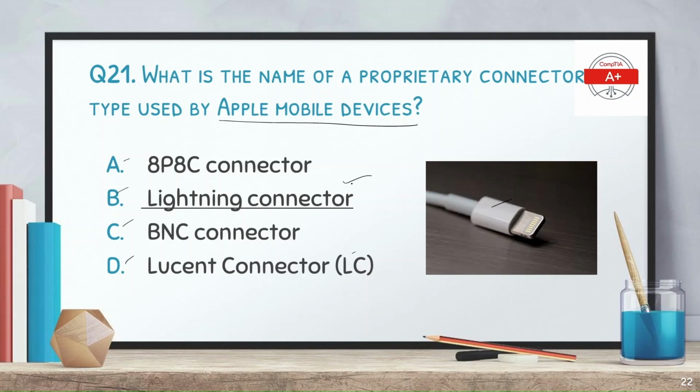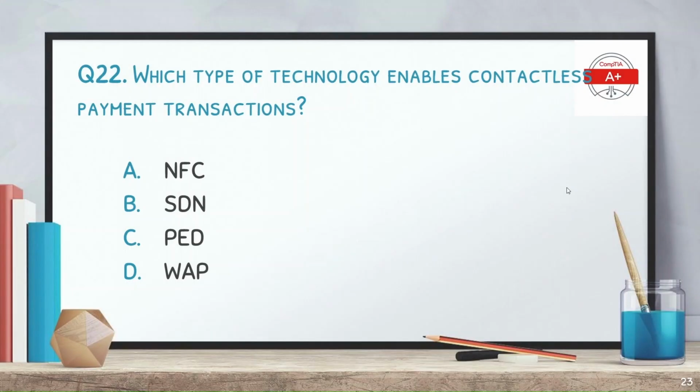So recently the EU has compelled Apple through legislation to use USB-C for Apple devices, and the latest Apple device, which is iPhone 15, also uses USB-C. While traditionally all the Apple devices used the Lightning connector.